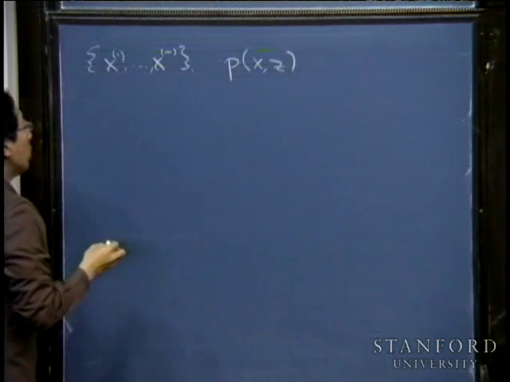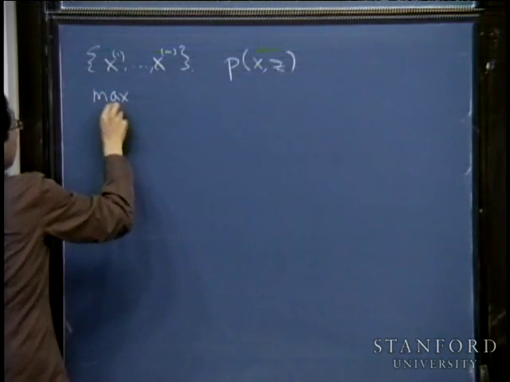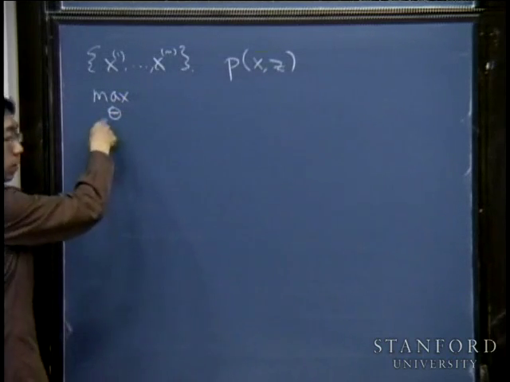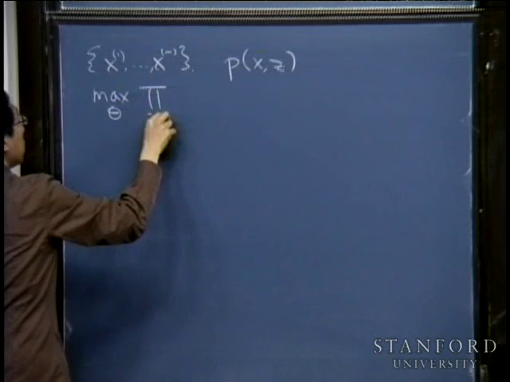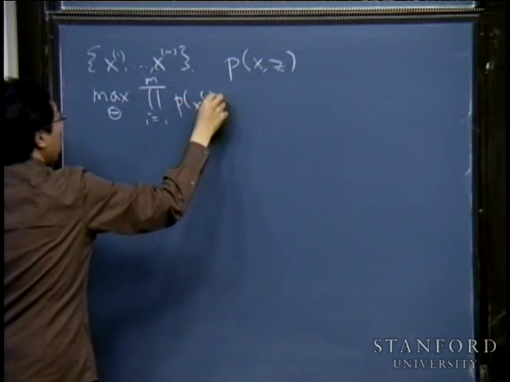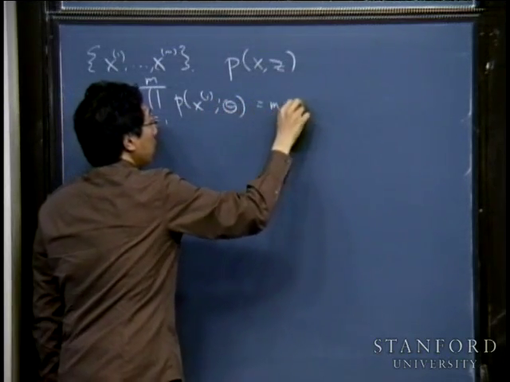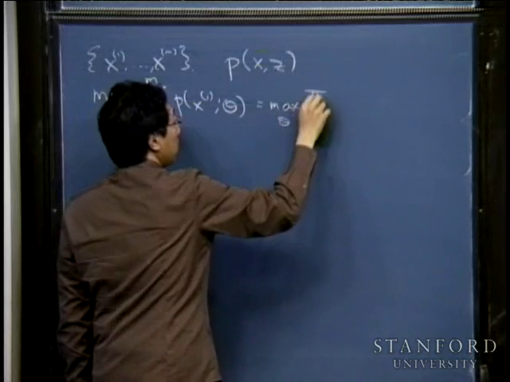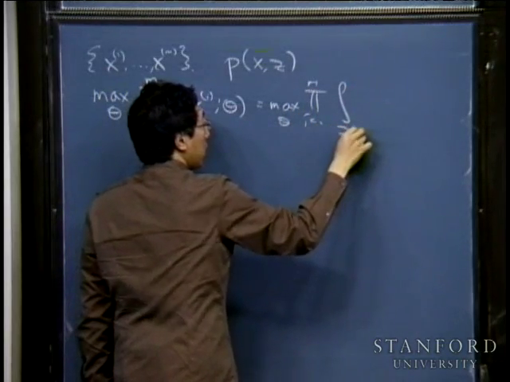What I would like to do is really maximize, as a function of my parameters, I'm using theta as a shorthand to denote all the parameters of the model, the probability of the data I actually observed. And this would be max over theta, product from i equals 1 to m, and this is really integrating out z.